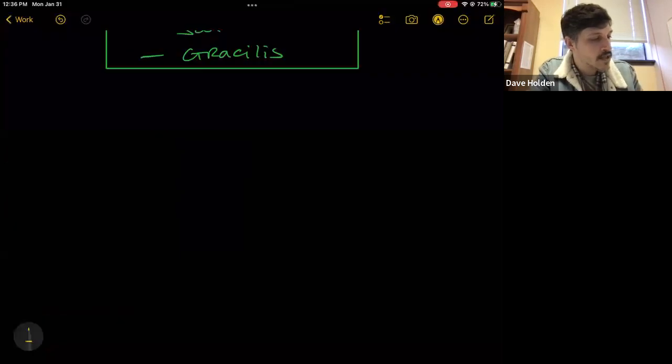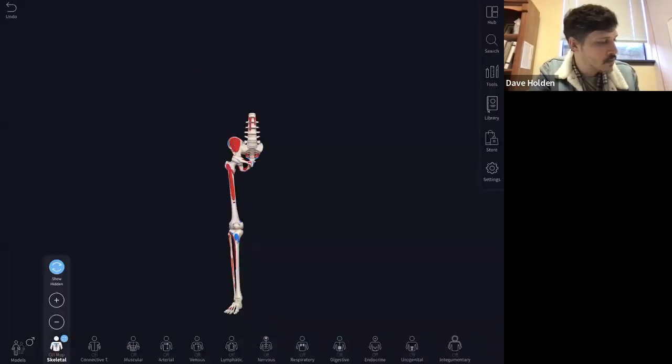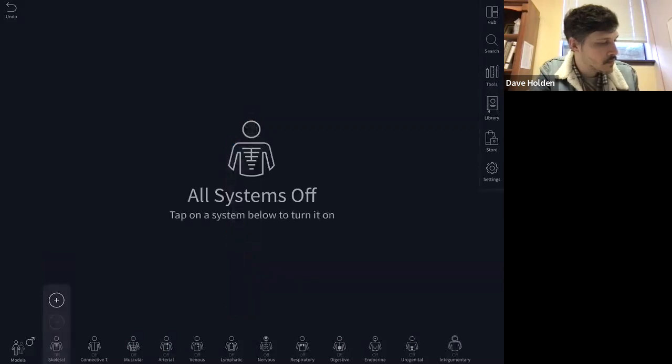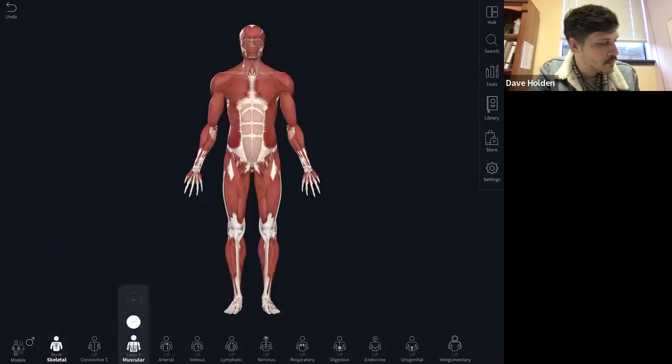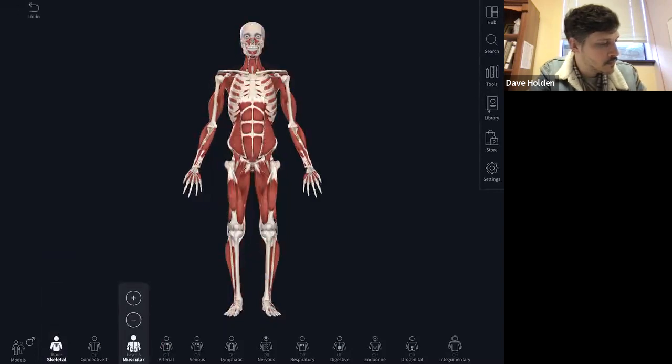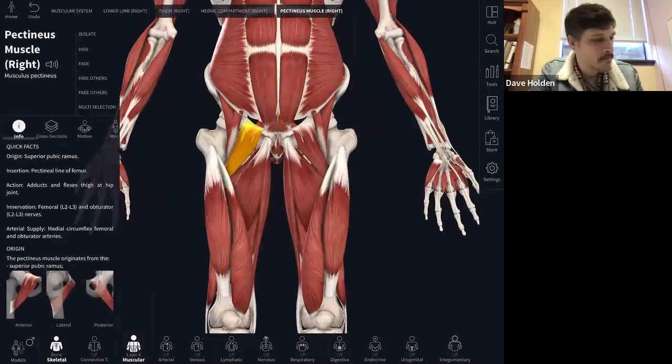Which means that to work on a groin pull, so there is pectineus.